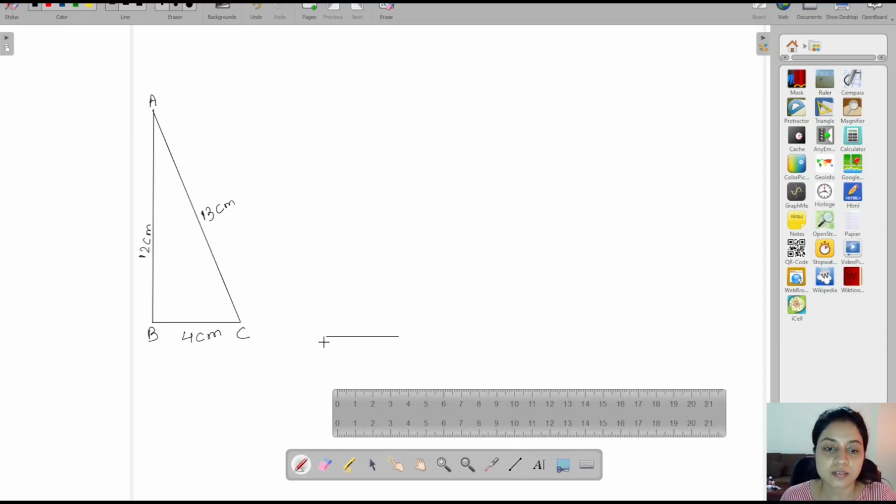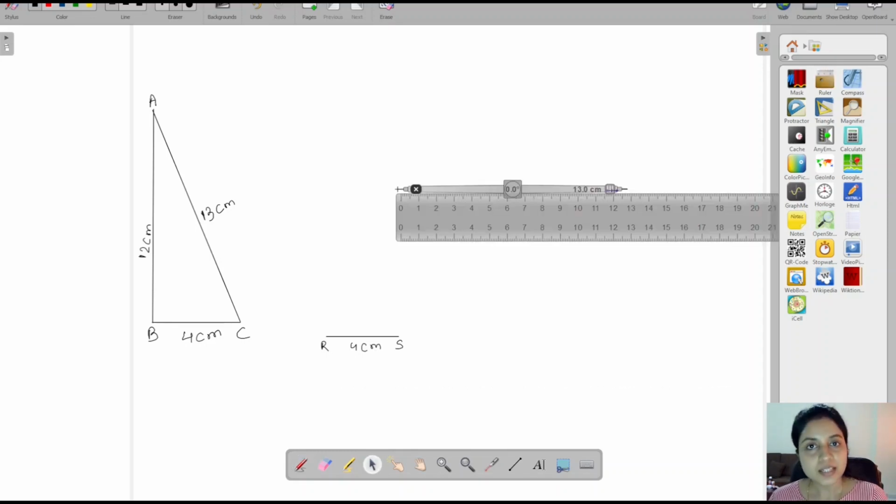Like this. Let's say the name of the base is RS, which is 4 centimeters. Now, one side we need to take as 13 centimeters, another side as 12 centimeters. So let's take 13 centimeters in the compass like this.